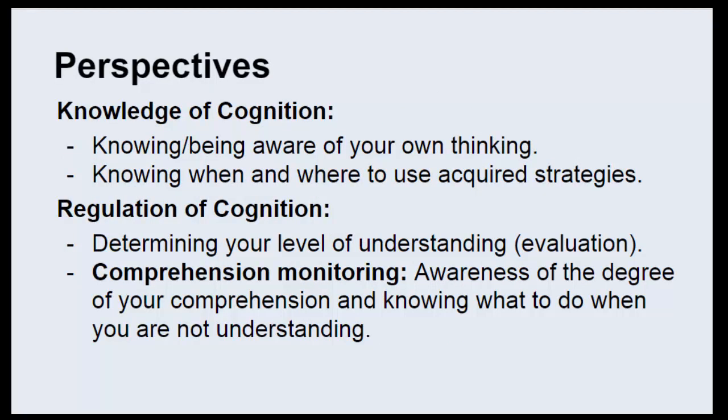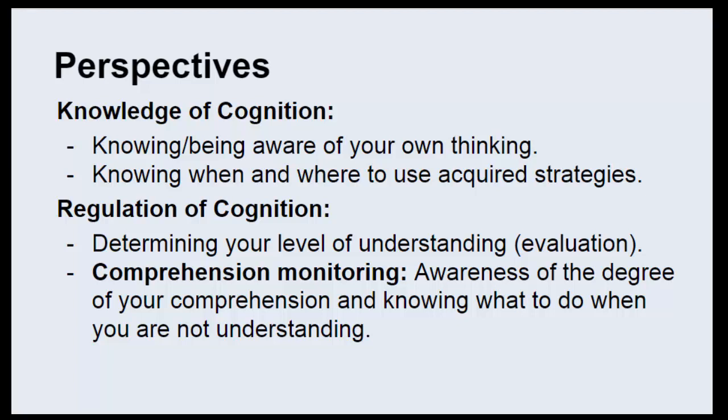Let's see 2 perspectives. Some metacognitive perspectives emphasize a person's knowledge about cognition and strategy, while others emphasize the knowledge and regulation of cognition. Knowledge about cognition entails being aware of your own thinking and knowing when and where to use your acquired strategies.